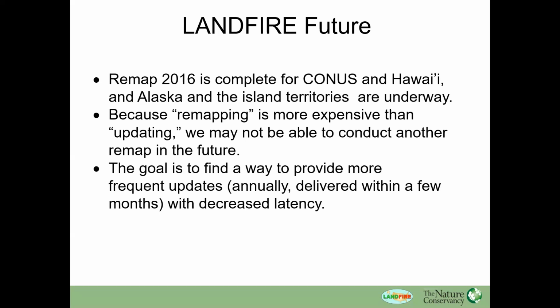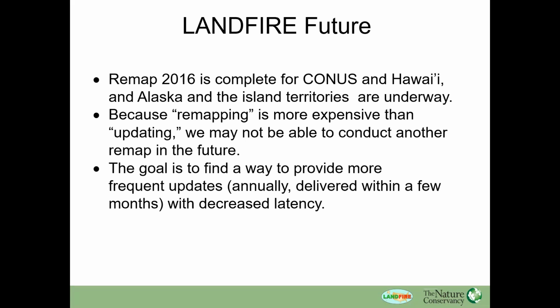So our strategy right now is to determine a methodology that will allow us to provide more frequent updates annually, we hope, with decreased latency, perhaps only a few months latent.